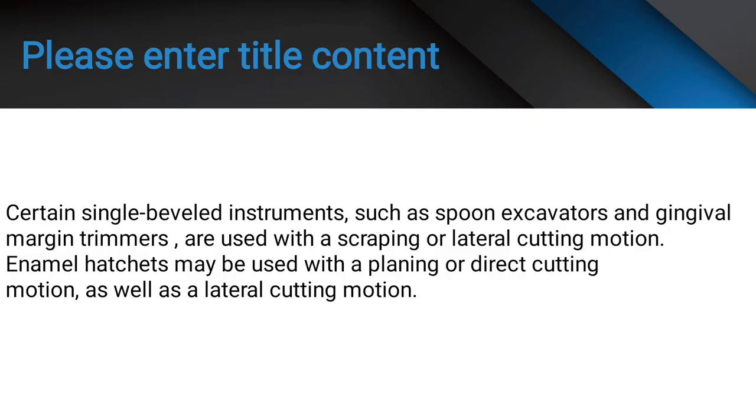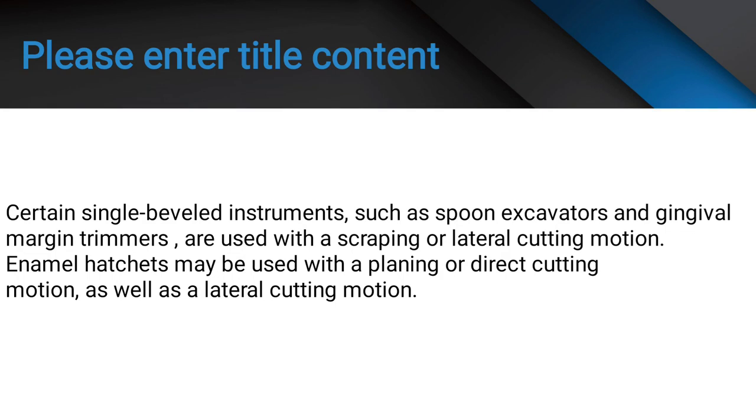Whenever there is a single bevel and the cutting edge is not perpendicular to the blade, then they are classified as right or left instruments. This can be determined by placing the primary cutting edge downwards and pointed away.